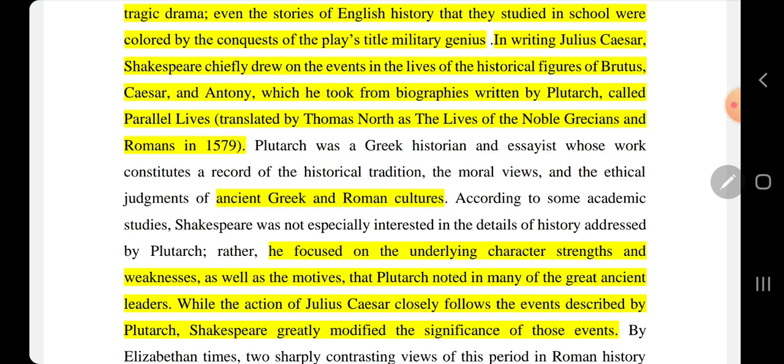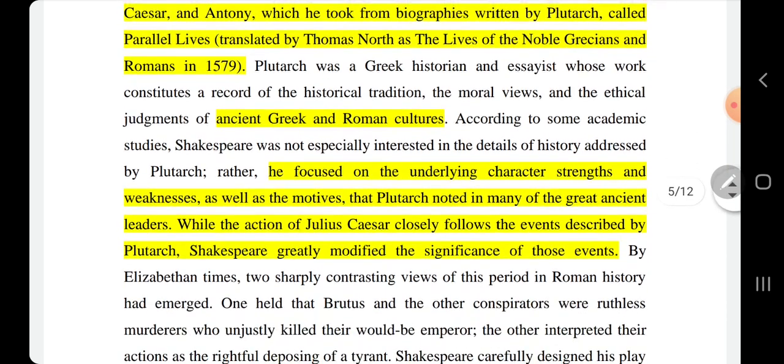So, according to some academic studies, Shakespeare was not only specially interested in the details of history addressed by Plutarch, rather, he focused on the underlying characters' strengths and weaknesses as well as motives that Plutarch noted in many of the great ancient leaders.